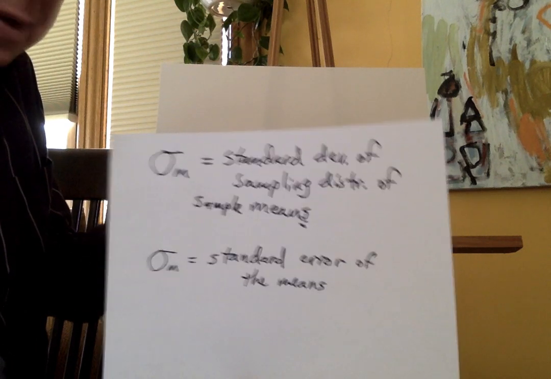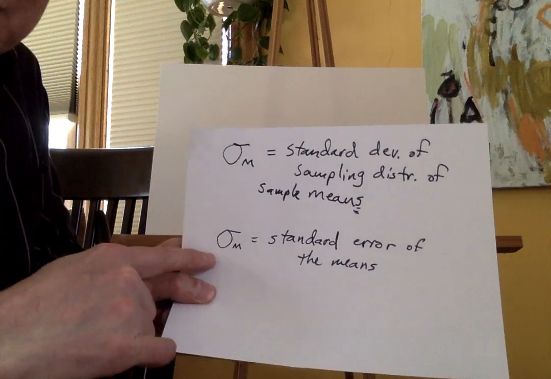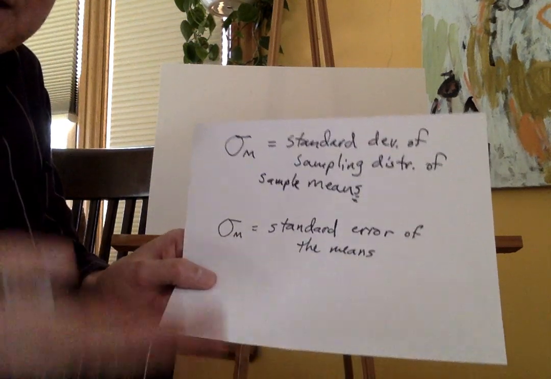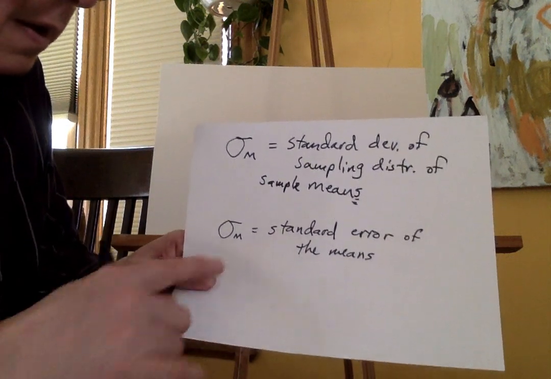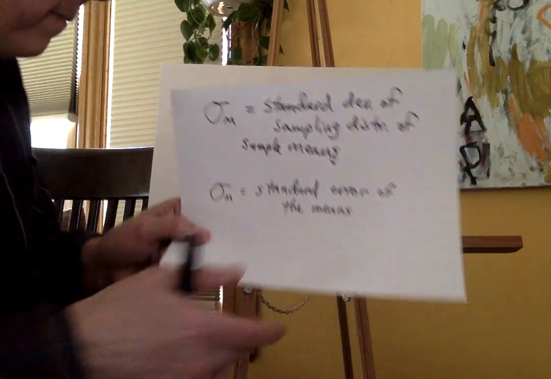Larger samples will make this value smaller. So larger samples give me a better idea about what's going on in the distribution, and give me less error, okay?